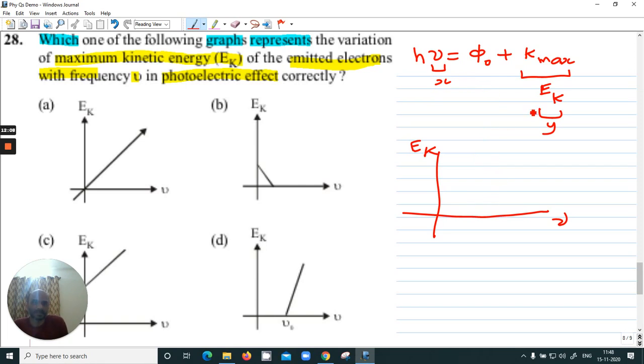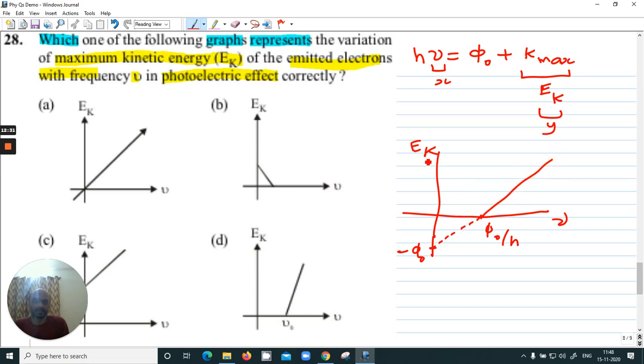To get the x-intercept, we have to put y equal to 0, so that will be phi naught by h. And for the y-intercept, we have to put x equal to 0, so that will be minus phi naught. So it will be on the negative side. So the plot will be like this.